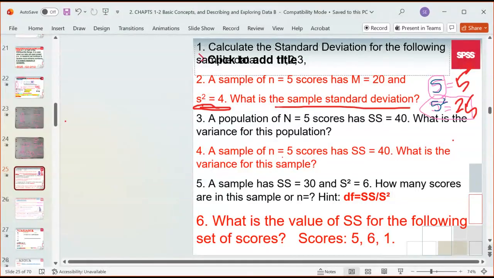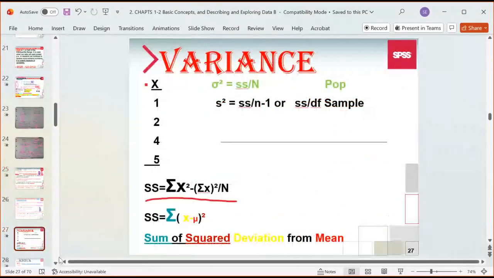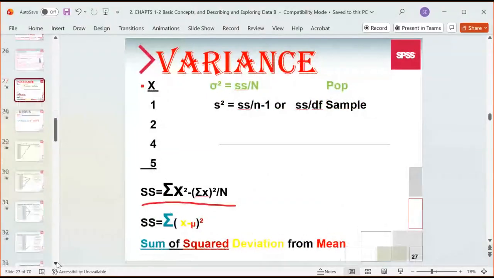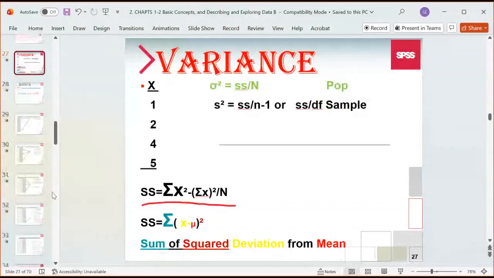So 5 minus 1 is 4. But the top one, it's not. It's just 40 divided by 5. Look at the formula and you will see. So you can do those. These are pretty much all the formulas that we talked about.